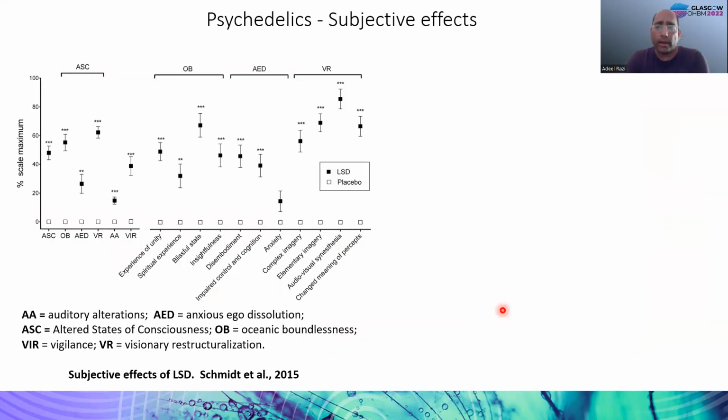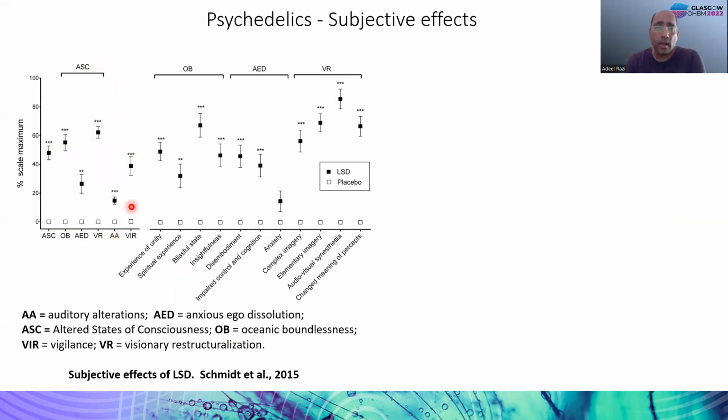It was initially pretty hard to quantify the subjective effects of these drugs. What I'm showing here is a validated instrument called the five dimensions of altered states of consciousness, and results from a meta-analysis using LSD. What these results show is that compared to placebo, which is down here, the LSD effects are pretty pronounced on this scale.